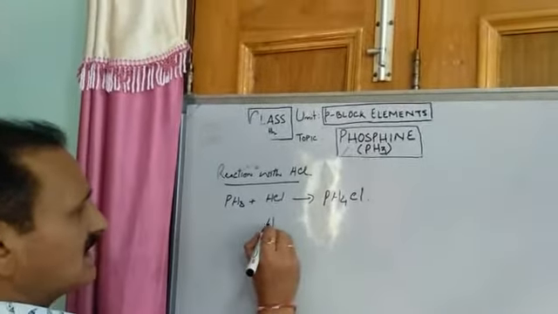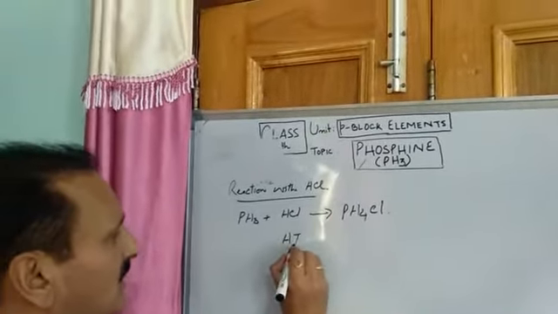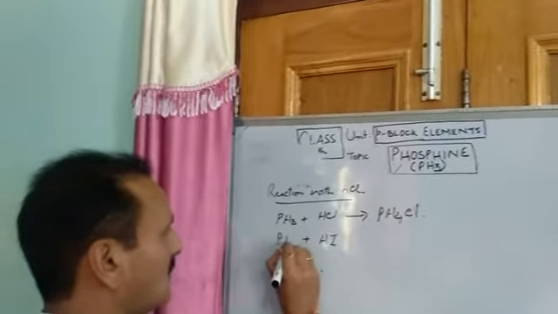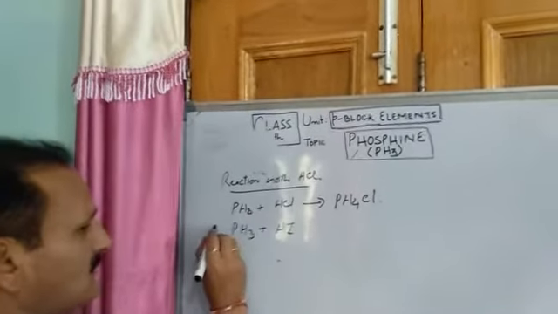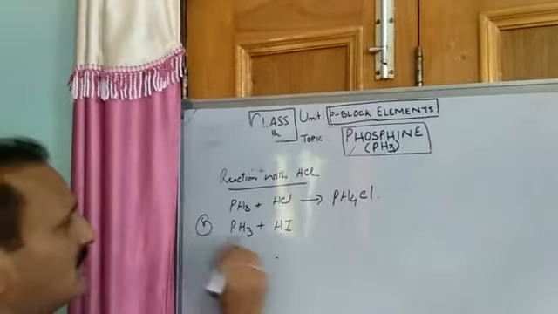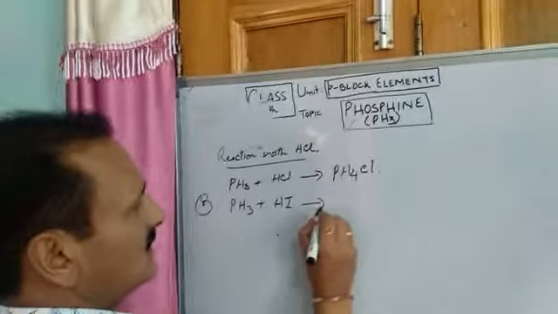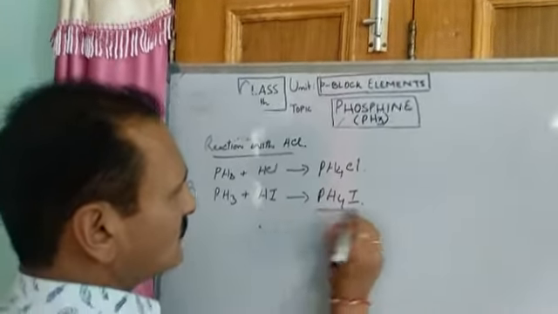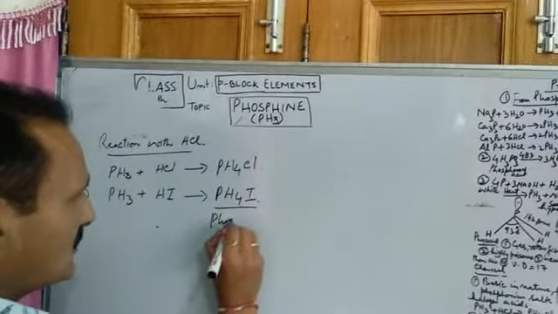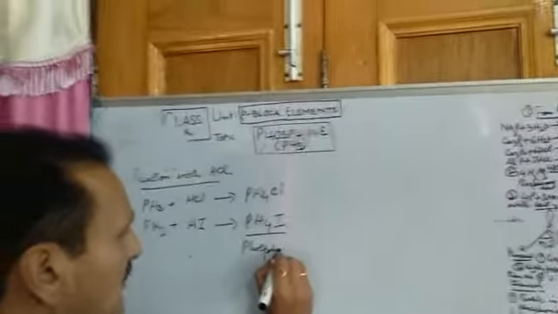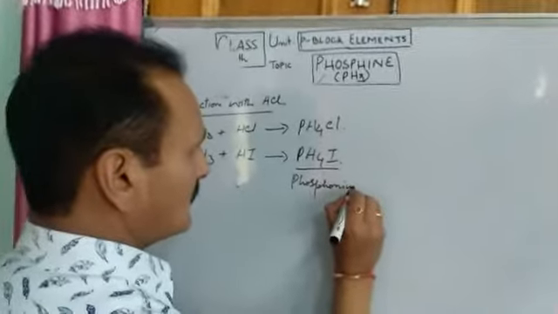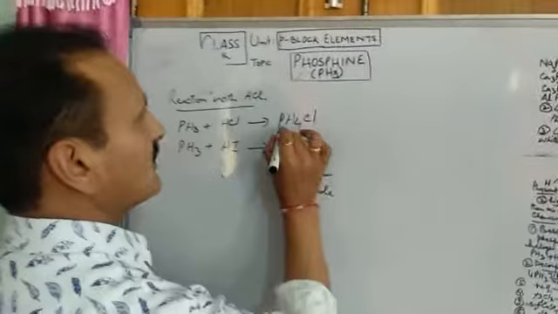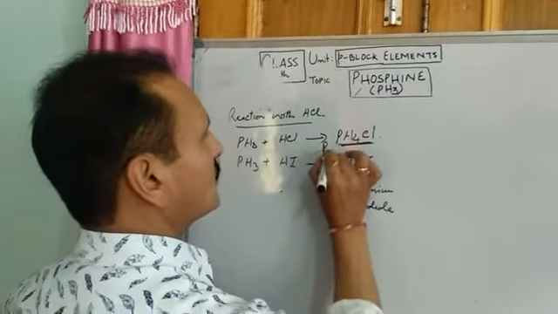If we change the acid here, if we put hydroiodic acid, this will be another property, number 8, with hydroiodic acid. With hydroiodic acid we shall have PH4I, that is phosphonium iodide, while this was phosphonium chloride.